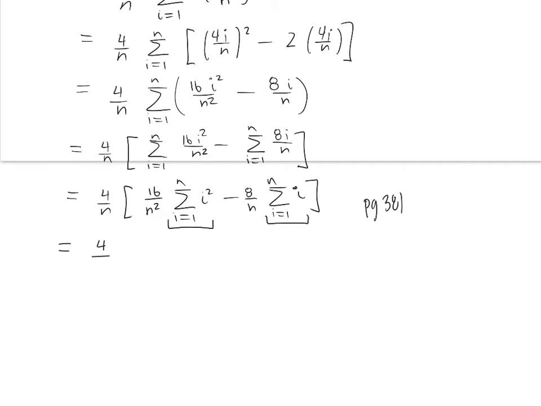So this is using the magic on that page. Okay, the i squareds add up to n times n plus 1 times 2n plus 1 over 6. And the i's add to n times n plus 1 over 2.